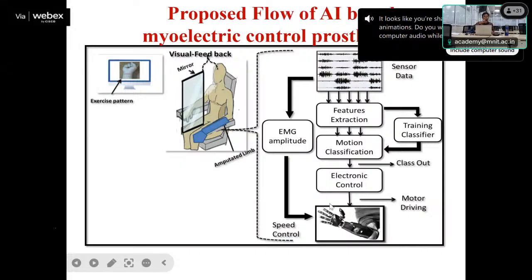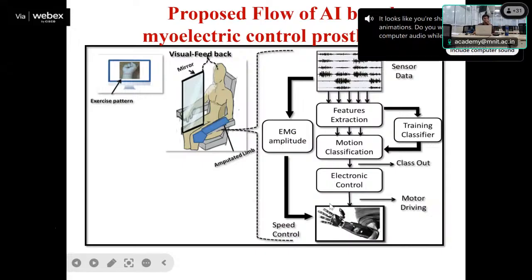Another is what is being presented over here, a visual feedback system, where you place a mirror between the two legs. The left hand is your robotic arm, and the right is your real arm. So you do a movement of the real arm and look at the opposite end in the mirror. Now the mirror will make it appear that your left arm is having a movement.